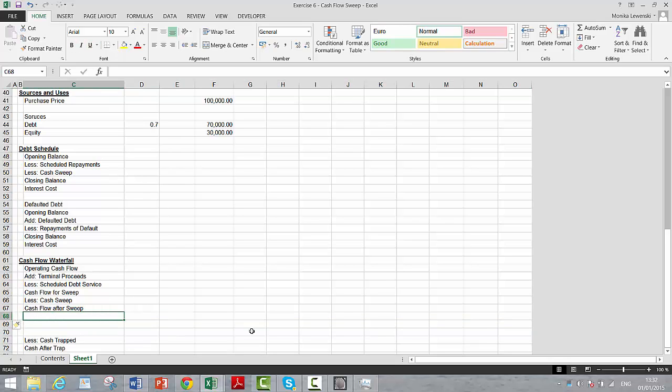The cash trap should be, I did it wrong, excuse me. Cash flow after sweep, why don't we add the defaulted debt. And after we add the defaulted debt, let's take away the repayment of default, and then get us cash flow before trap.